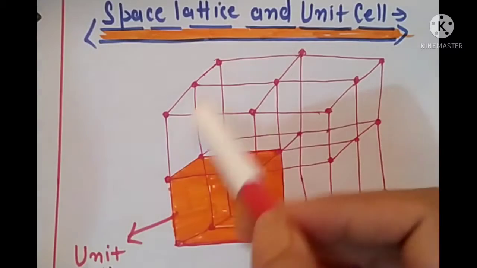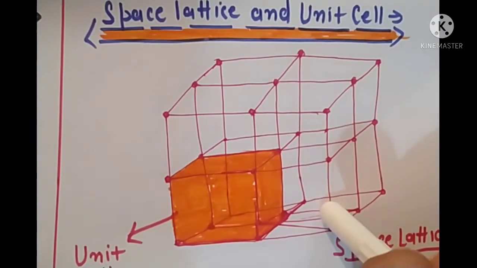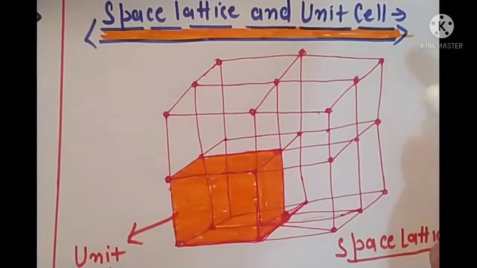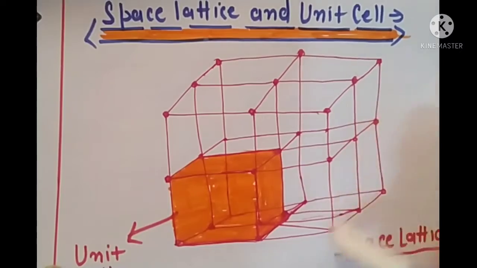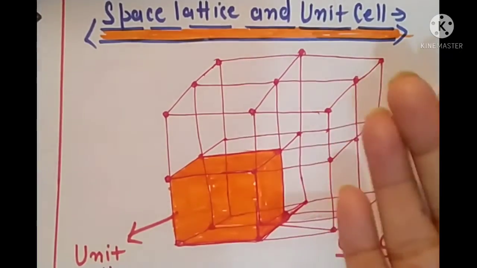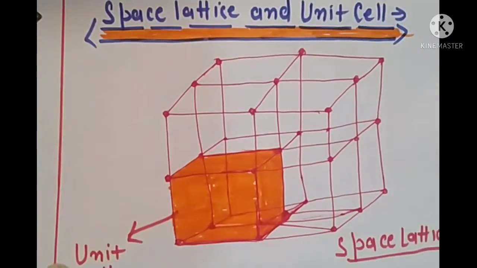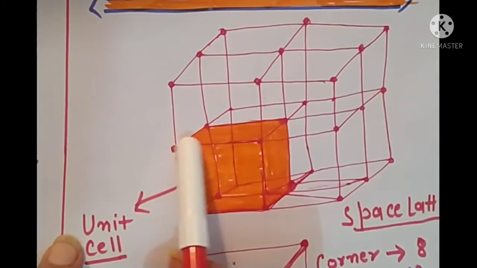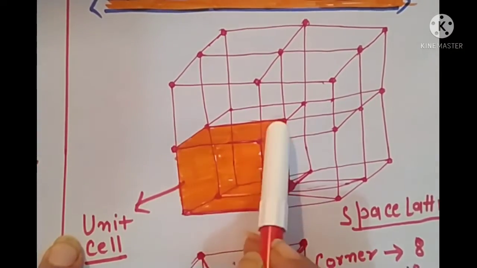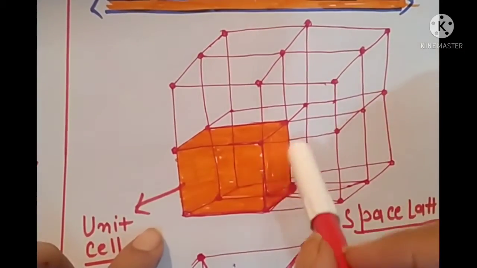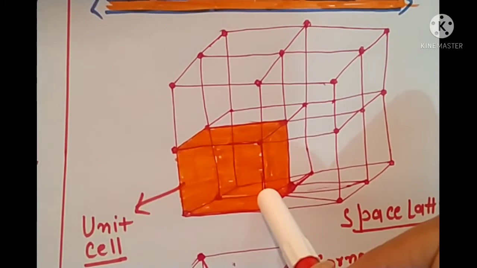Now there are 8 rooms in this space lattice or building, 4 on the front side and 4 on the back side, in which we have drawn one room. This is also known as the unit cell.